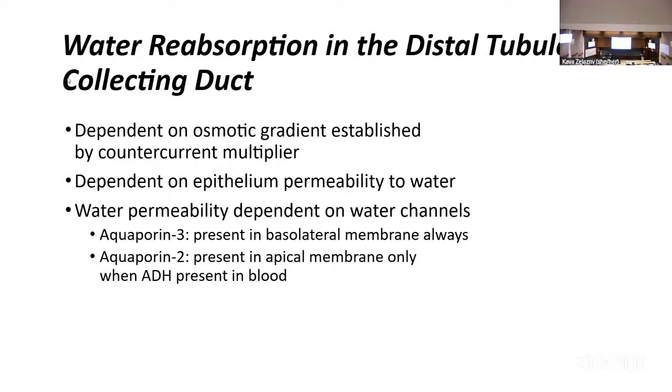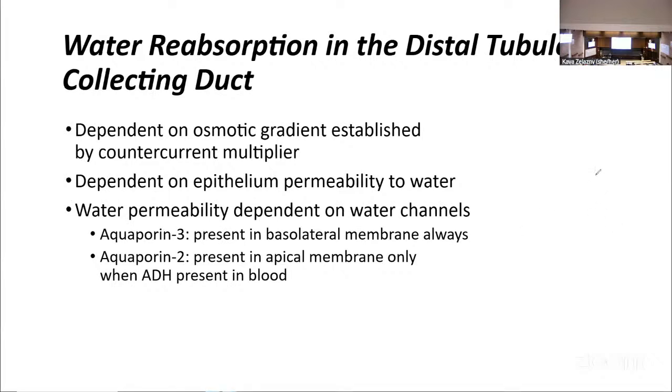So to think about that, we're going to be thinking about our bloodstream on the basolateral membrane, and our cell pointing towards the filtrate. Okay, so here's where our filtrate is moving past. We have two types of aquaporins.